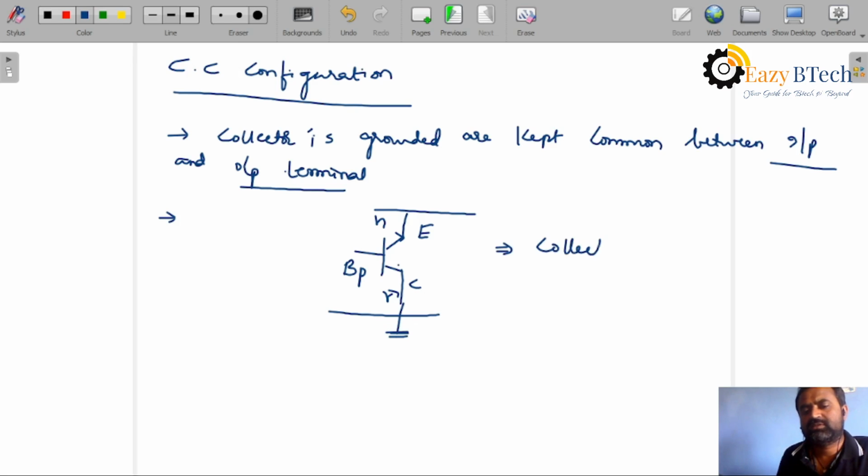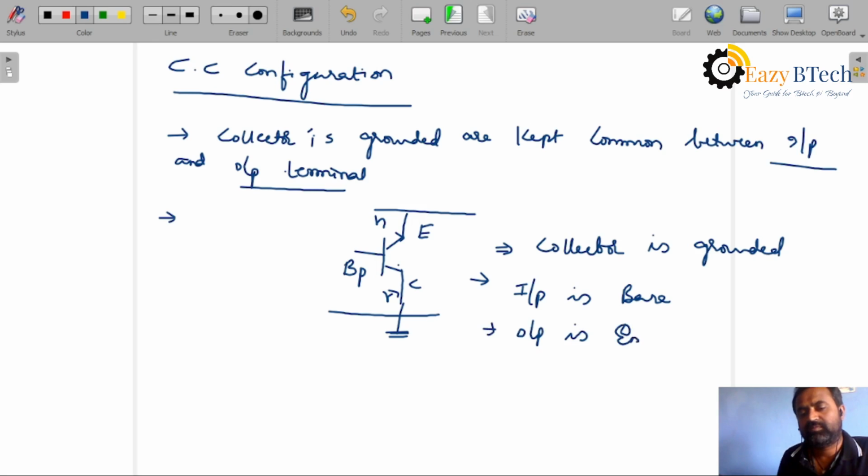The collector is grounded. Input is base. Output is emitter.